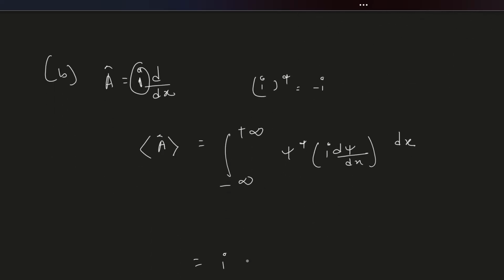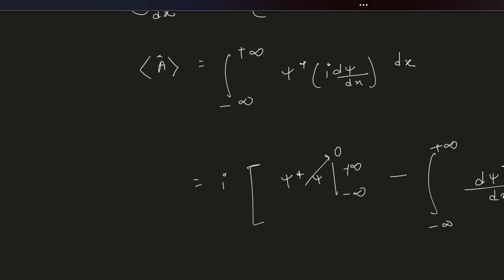Now this i comes outside, and by solving the integral you again get psi star psi from plus to minus infinity, which goes to 0, minus of, again, minus to plus infinity d psi star dx psi dx. Now this thing with the extra i is there, which was not there earlier.